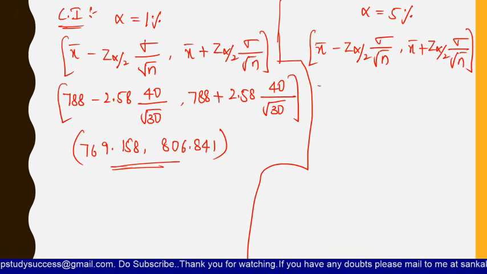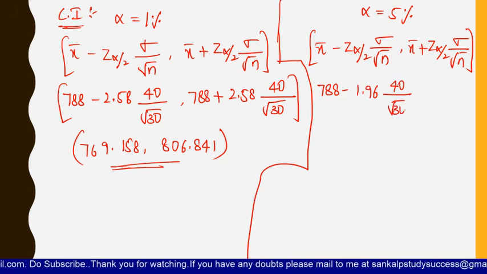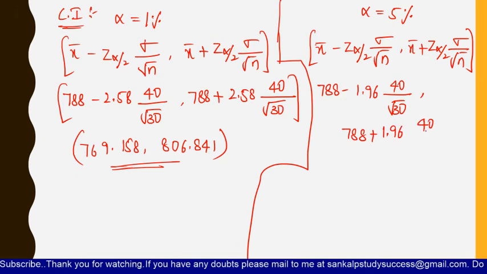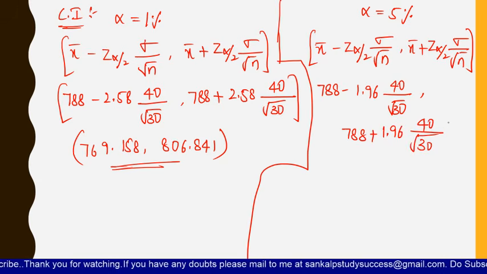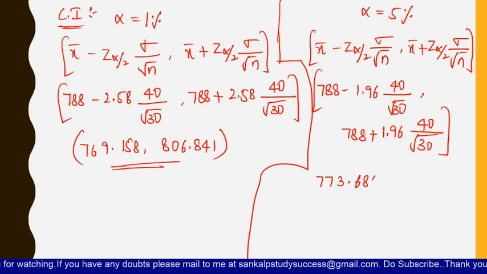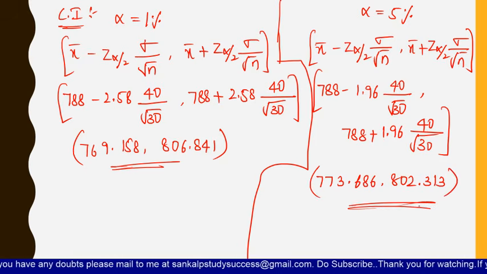So now let us substitute 788 minus Z alpha by 2, whose value is 1.96 for 5% level of significance, into 40 by square root of 30, comma, 788 plus 1.96 into 40 by square root of 30. Now if you simplify these values, you will get 773.686 comma 802.313. This is the confidence interval value for 5% level of significance.